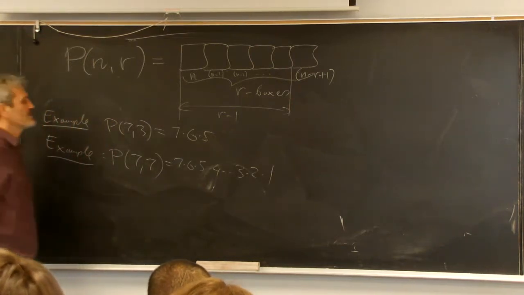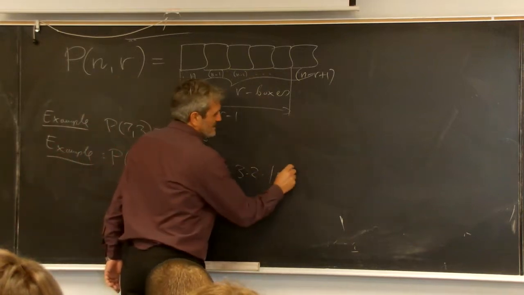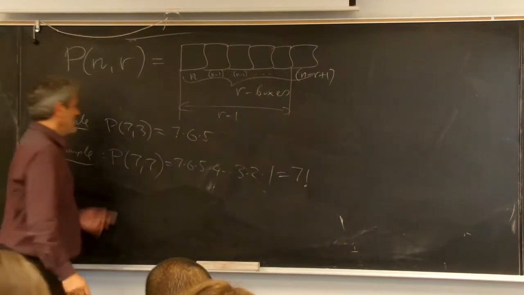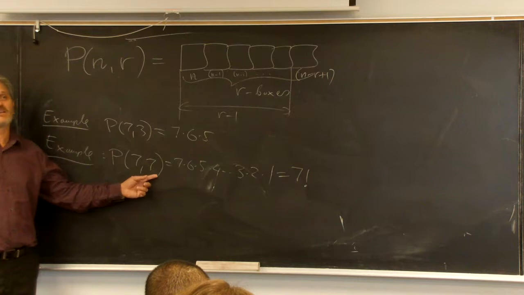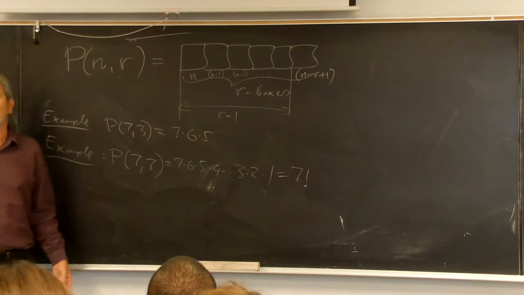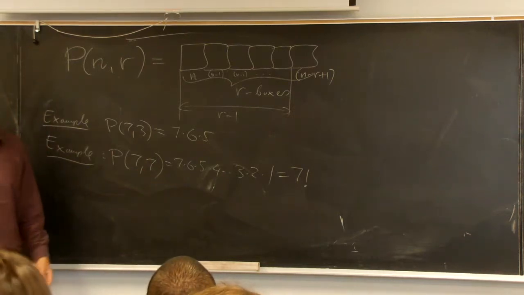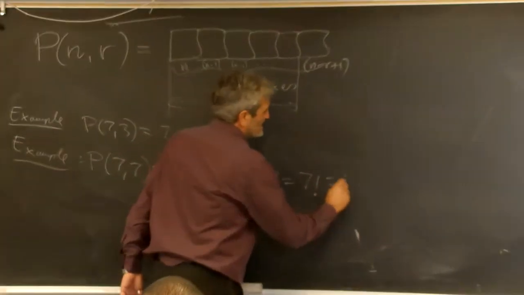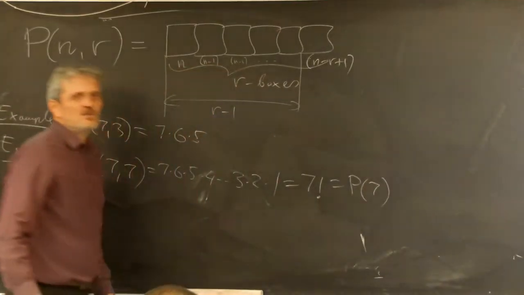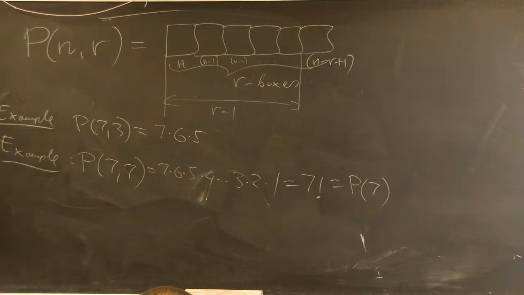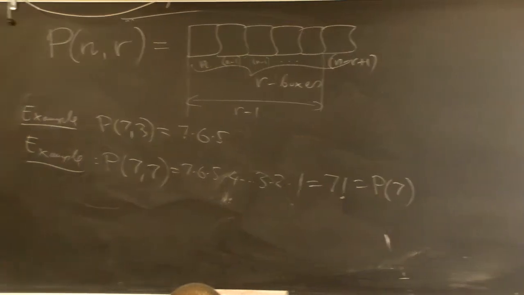This symbol is a famous symbol in mathematics. It's called 7 factorial. In this case, we don't write P of n, r, we just write P of n. So if you see only one symbol, we just say it's P of 7. So you are using 7 objects and you are aligning them.